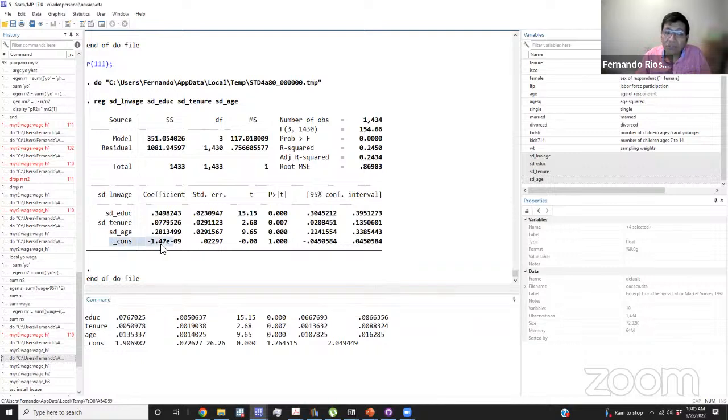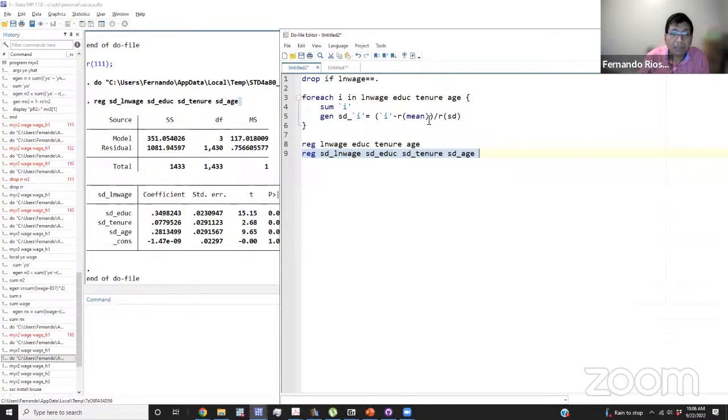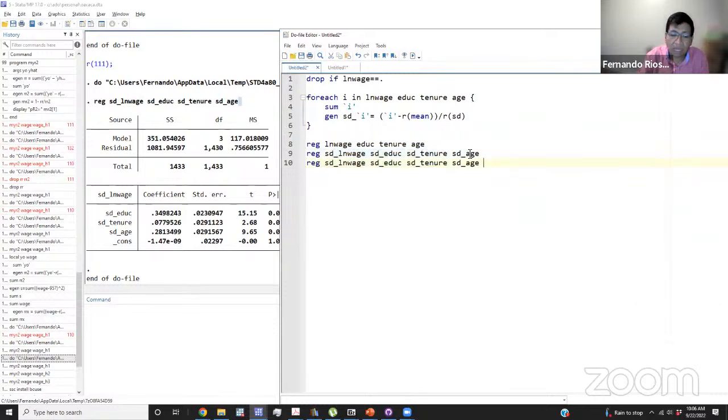Also notice that by construction, my constant should be 0, because all the variables now have a mean of 0, and the same with all the dependent and independent variables. So this model could actually have also been estimated requesting the data to have no constant.